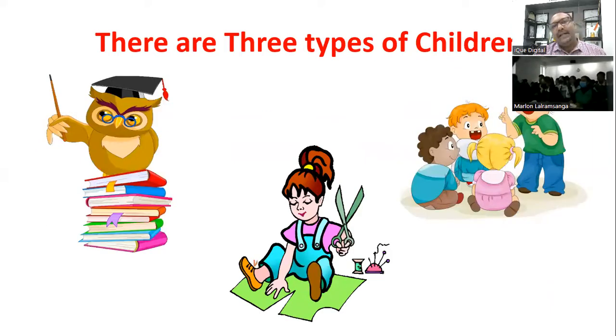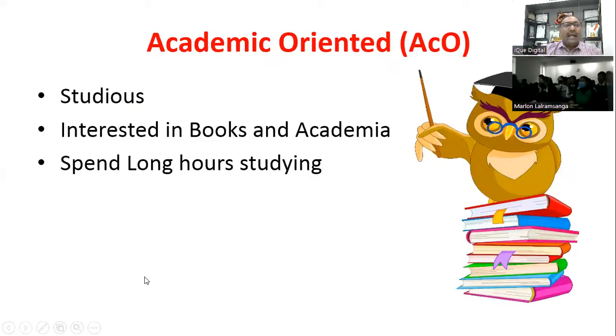First, let us understand the word orientation. When we talk about orientation, we divide children into three broad categories. The first category are children whom we call academic oriented. Children who love to study, read, watch educational videos, do a lot of research, and spend a lot of time on books and academia are academic oriented children.